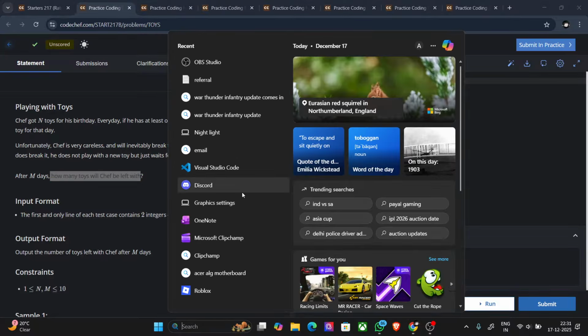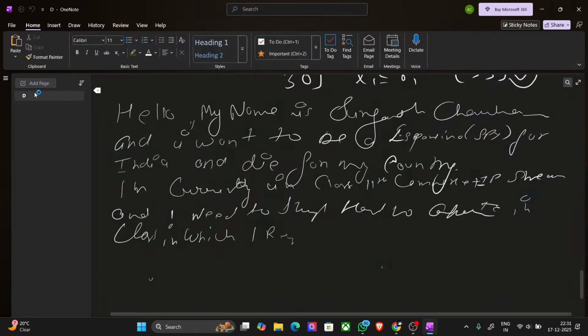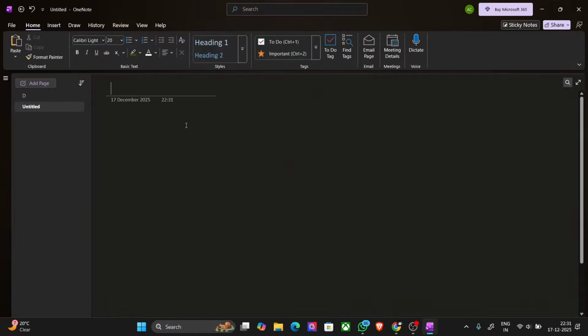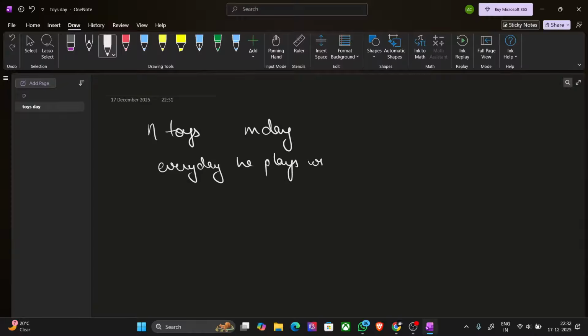Okay. So in this particular problem, we are given that Jeff has n number of toys and he has m days. Every day he plays with a toy and breaks it.